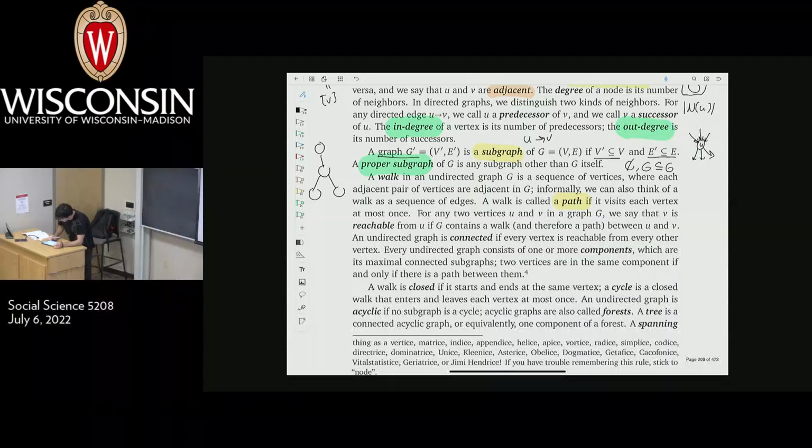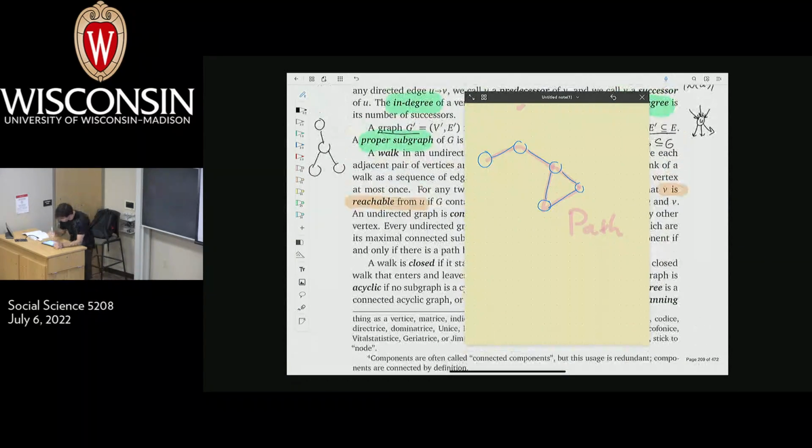Okay. Then a vertex V is reachable from another vertex U if there exists a path or exists a walk from U to V. So in particular, if there exists a walk from U to V, that implies there exists a path.